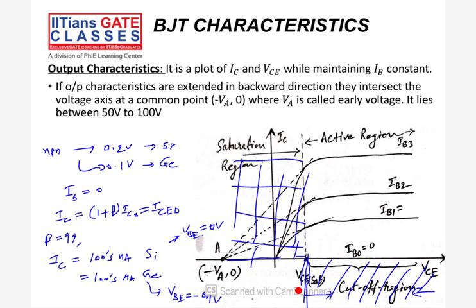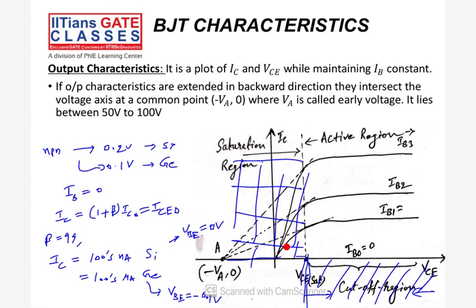In the saturation region, IC depends upon both VCE and IB, because in this region we don't have IB equal to 0, and we don't have VCE equal to 0. So it is depending on both values.